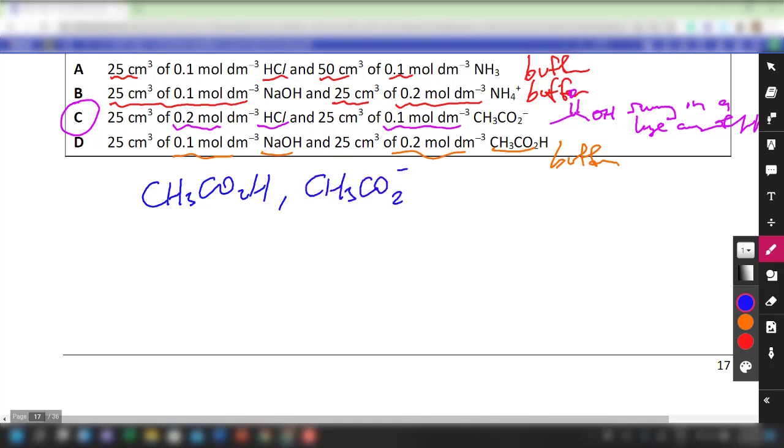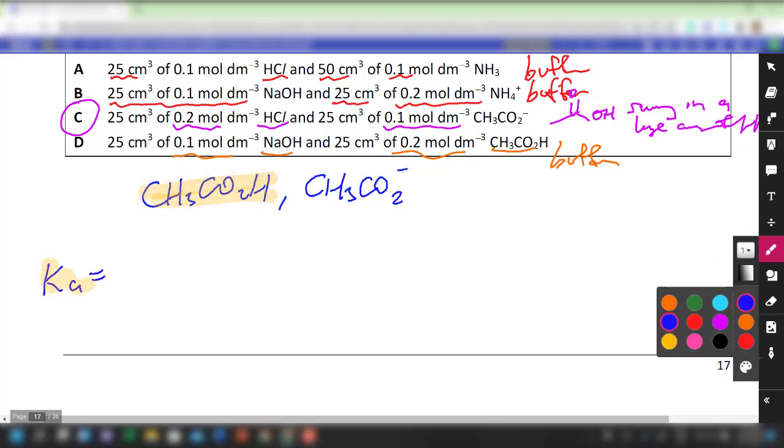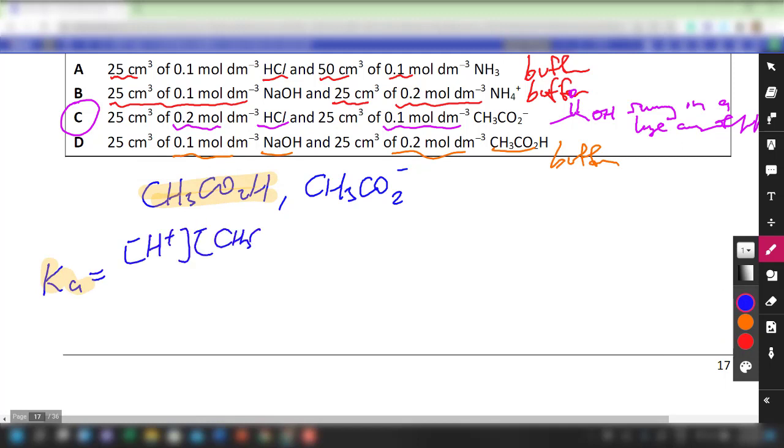Okay, and then I will be using an equilibrium expression to help me in my explanation. So this equilibrium solely refers to ethanoic acid, so that you guys don't get confused. So I will have H plus, CH3CO2 minus, as well as ethanoic acid at equilibrium.